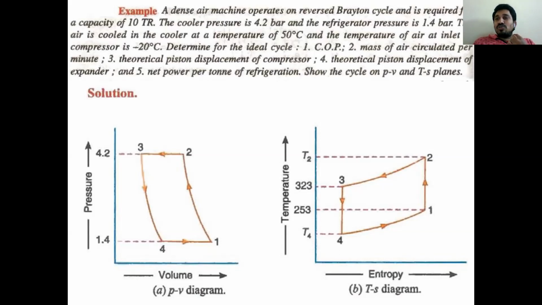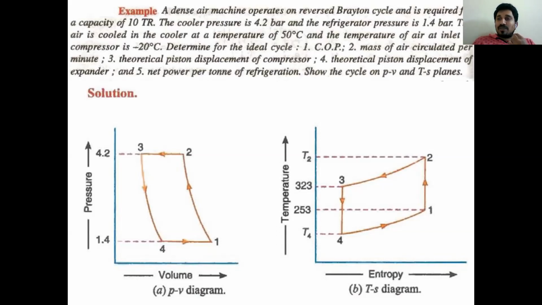I already told you cooling capacity is nothing but the refrigerating effect or cooling effect, the amount of heat removed from the cooled space to the refrigerator. There are many names, but the meaning is the same: QL, the amount of heat removed from the space, or Q of process 4, 1. So QL or Q41 is 10 TR.